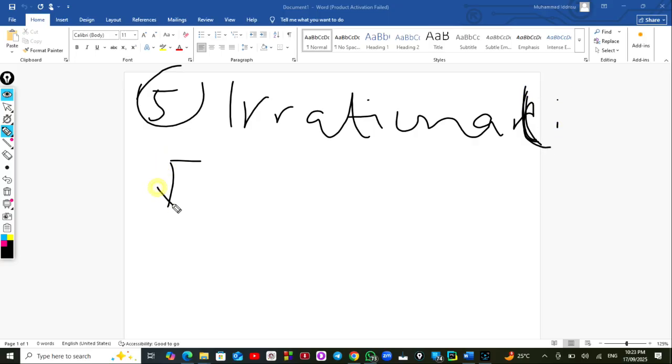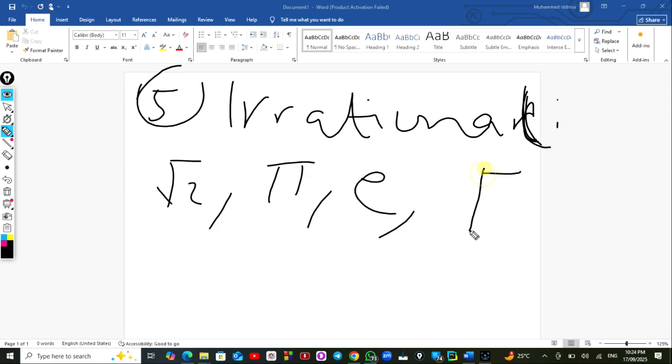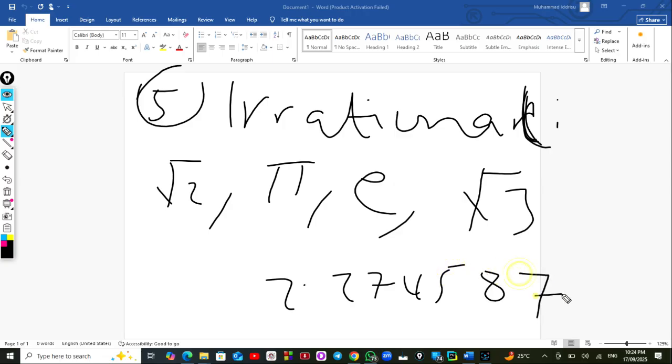I've listed some: root 2, pi, e, root 3, 2.27458 3, 2, 1, 1, 0, 0, 8. You see, up to infinity. It's not recurring or terminating. So all these are irrational numbers. Is that okay?